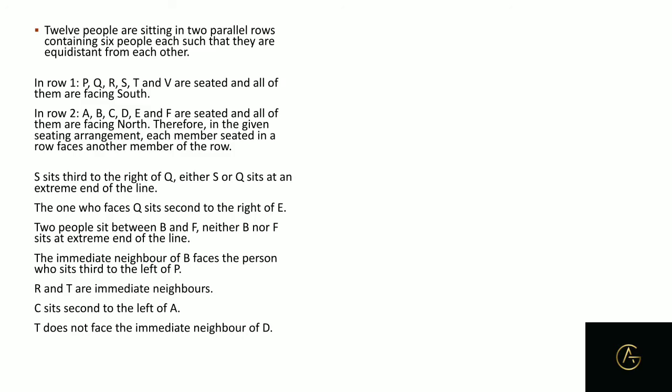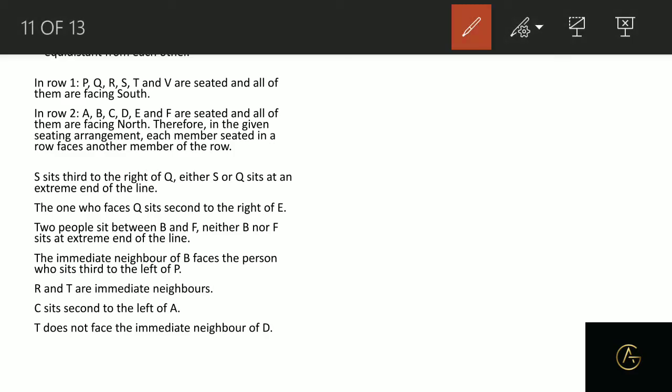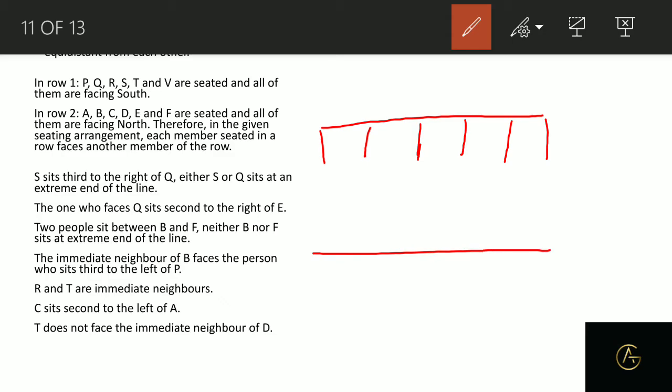12 people are sitting in two parallel rows containing 6 on each side such that they are equidistant from each other. In row 1, P, Q, R, S, T and V are seated and all are facing south. This is row 1, with 6 persons, right? 6 in row 1 and 6 in row 2.